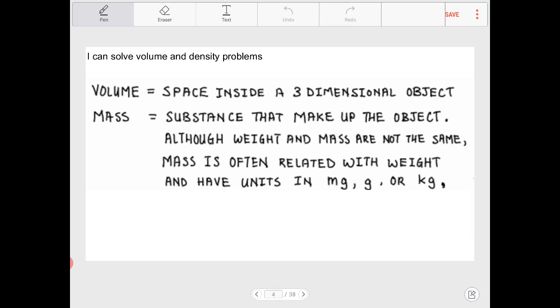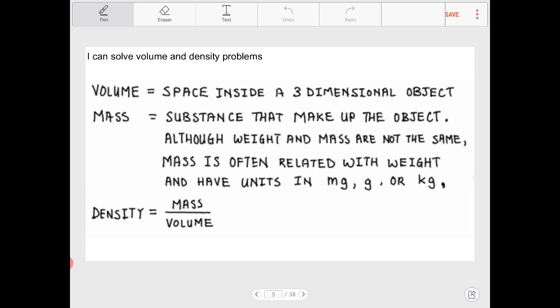If one were to be really accurate, let's say a person weighed 45 kilograms, the actual weight shouldn't be kilograms. It should be 45 kilograms times the rate of acceleration due to gravity. But anyway, I don't want to get into too much detail of that. 45 kilograms is actually the mass of the individual.